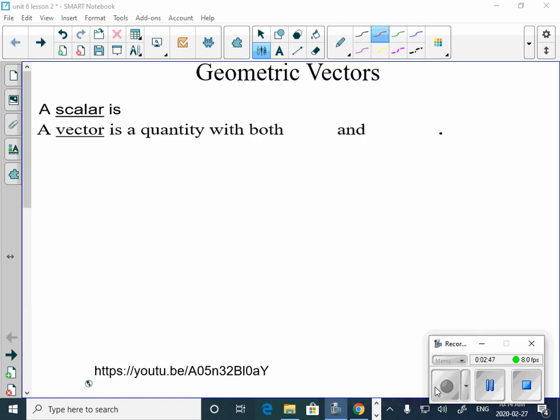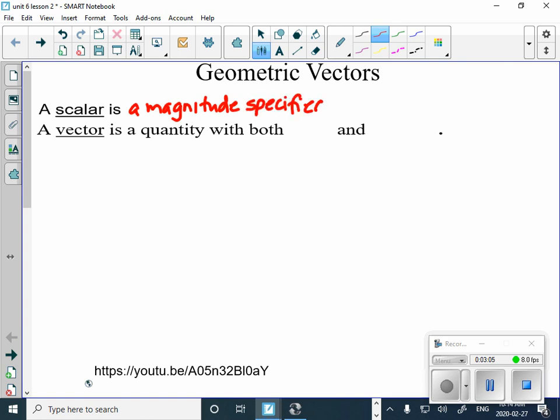So a few definitions to start with. A scalar is a magnitude specified by just one number. For instance, your mark in this class, 99. My age, 29. Those would be things specified by just a number.